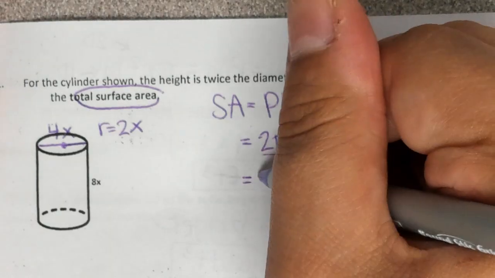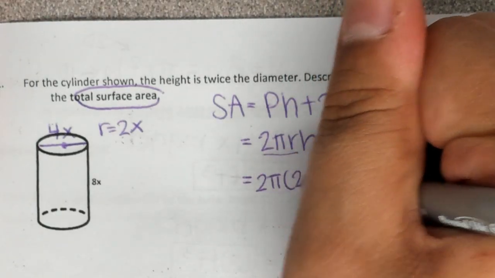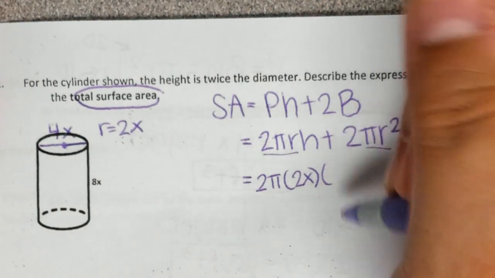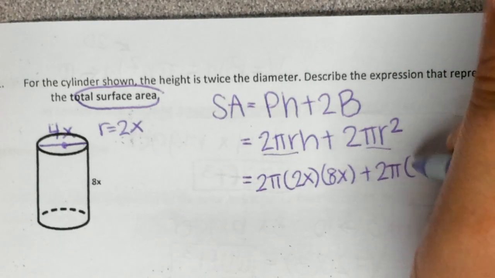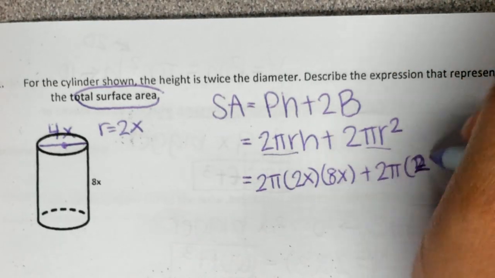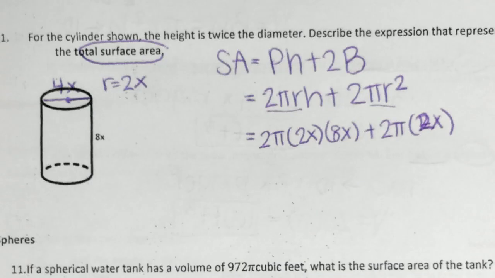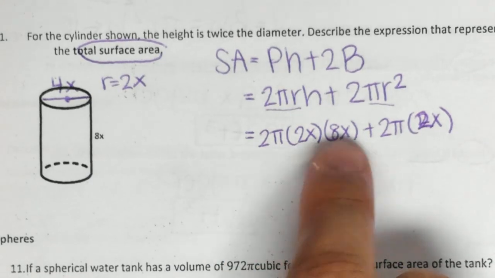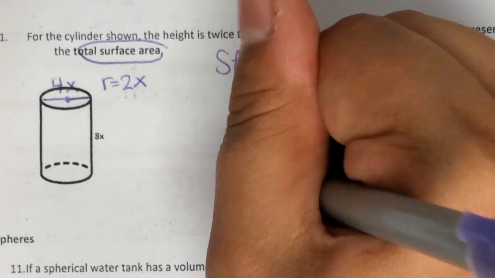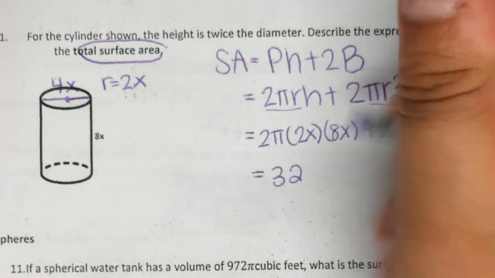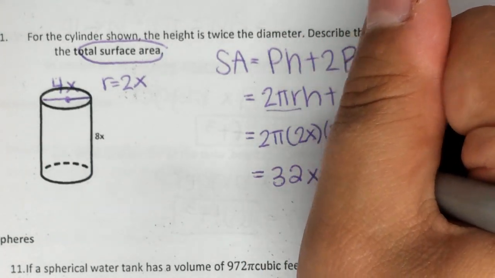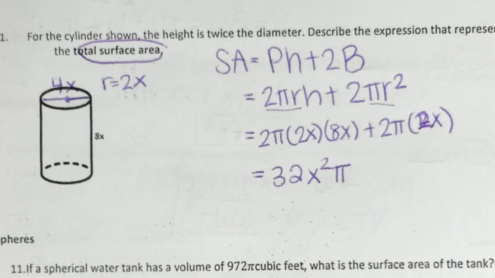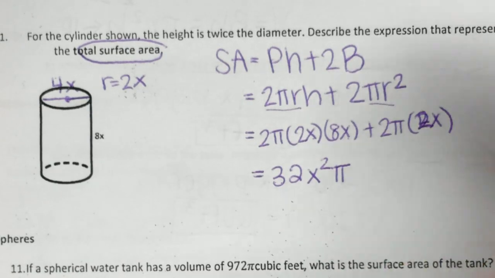Now I'm plugging in what I know. 2 pi, my radius is 2x. What's my height? Plus 2 pi, my radius is 2x. What is 2 times 8? What is x times x? And then don't forget pi. Oh, this is supposed to be squared.